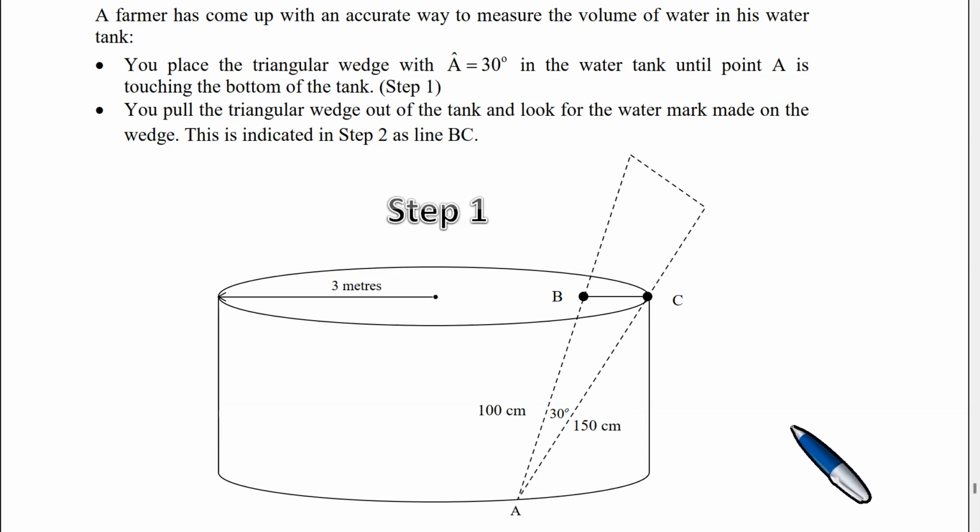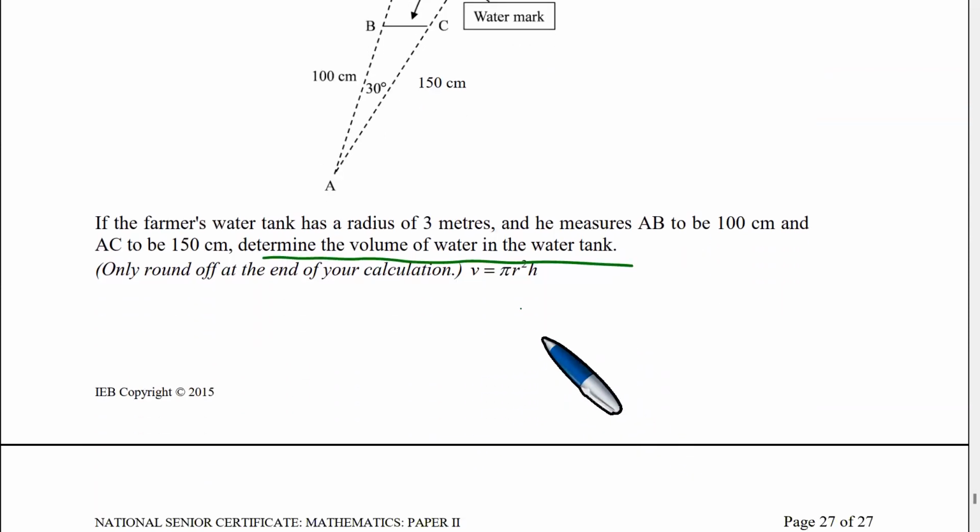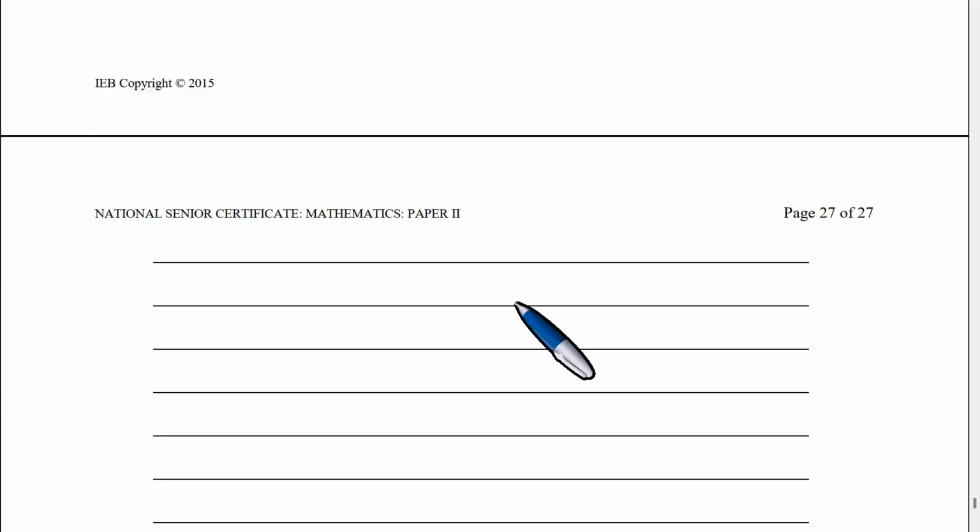I'm really not sure where to start. All right, that's fine. Okay, last question in the exam. It was there to say goodbye, goodbye, grade 12s. So obviously there's only one thing we need to do here. We want to determine the volume of water in the water tank. The formula says V equals pi r squared h.